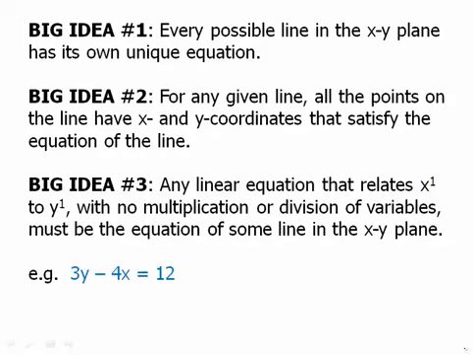So for example, we look at this. y is to the first power, x is to the first power. That has to be the equation of some line in the xy plane, and that's exactly why these are called linear equations. You may remember back in algebra we were referring to these as linear equations. We call them that because every single one of them corresponds to a unique line in the xy plane.